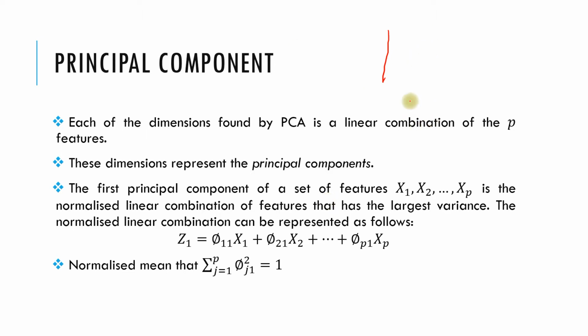And the idea is that when we are combining the feature space together through the linear combination here, we want this new variable, this transformed variable, to have the largest variance possible.